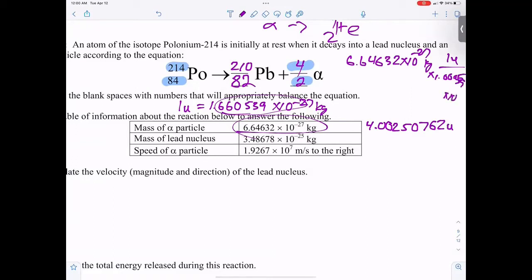1.660539 times 10 to the negative 27. So I basically take this, divide by that value right there, and that's how I got this value right here.